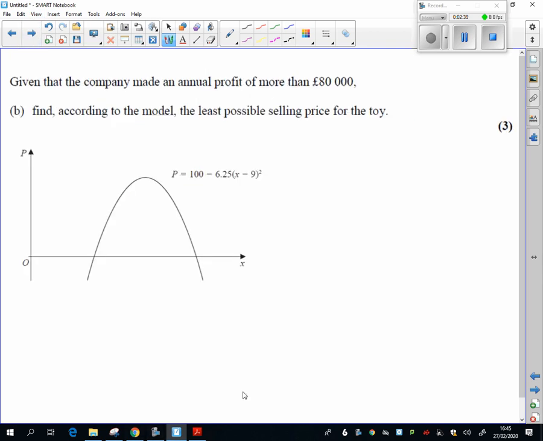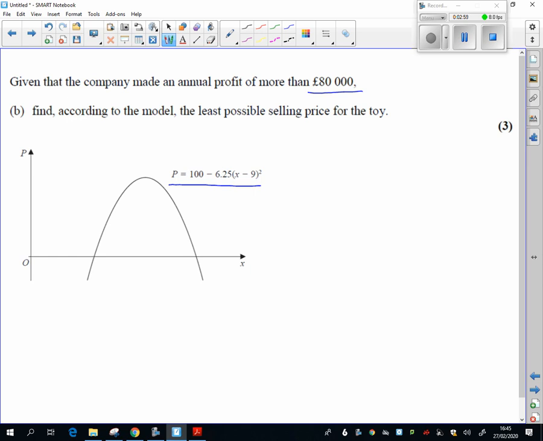Okay, part B. So they want to make an annual profit of more than 80,000. This is where it's very important that we use the fact that profit is in thousands, because when we come and use this equation, we're going to use P as 80. If you try and use P as 80,000, it's going to give you a crazy answer.